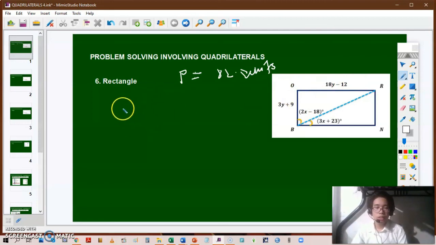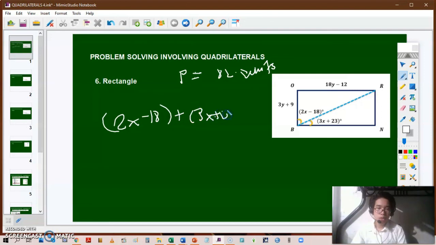First, let's start with the angle. How do we get the value of x? We simply have to add 2x minus 18 plus 3x plus 23.